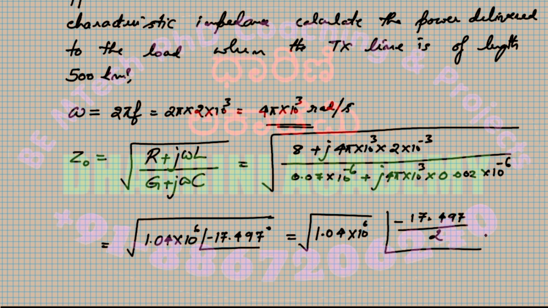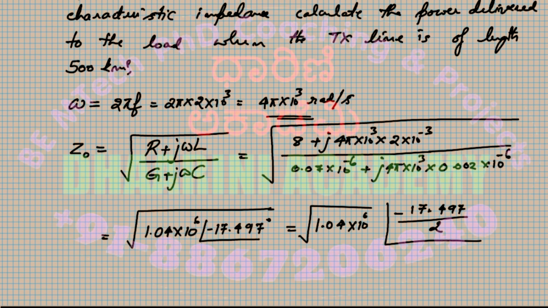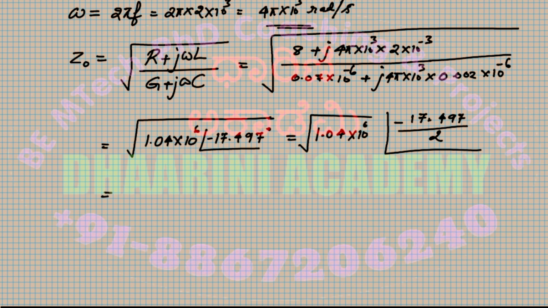Phase is half. Magnitude, you take the square root of the magnitude, because it is a square root. When you have a square root, the angle becomes half. That's how to solve the square root of a complex number.